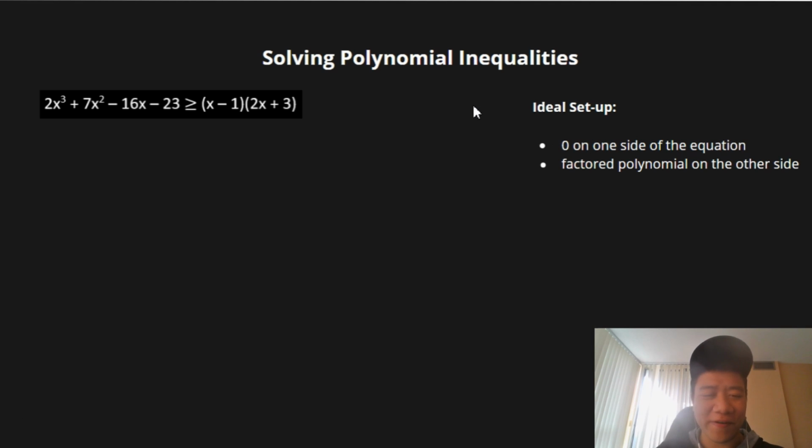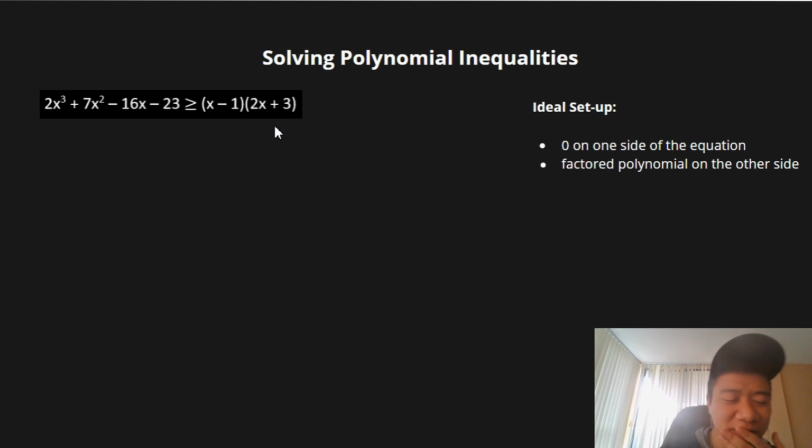So you might be wondering, in our ideal setup, we want 0 on one side of the equation. In this case, we don't have that. We have a polynomial on one side and something in factored form on the other. So what we're going to do is you can either move this stuff over to one side, or you can move this stuff over here to the other side, so we complete one of our conditions for our ideal setup.